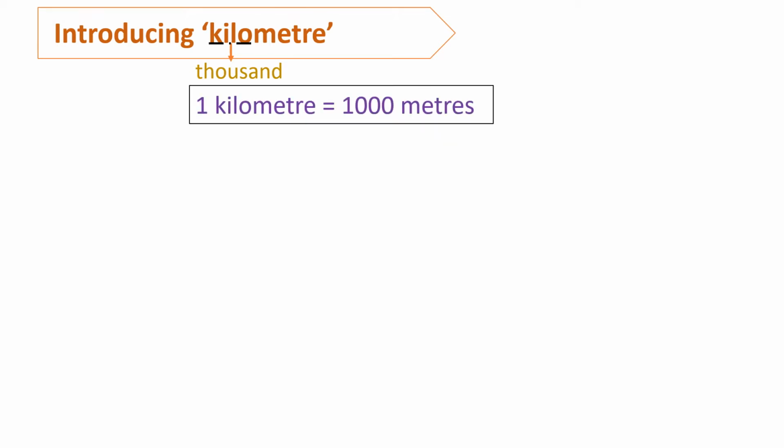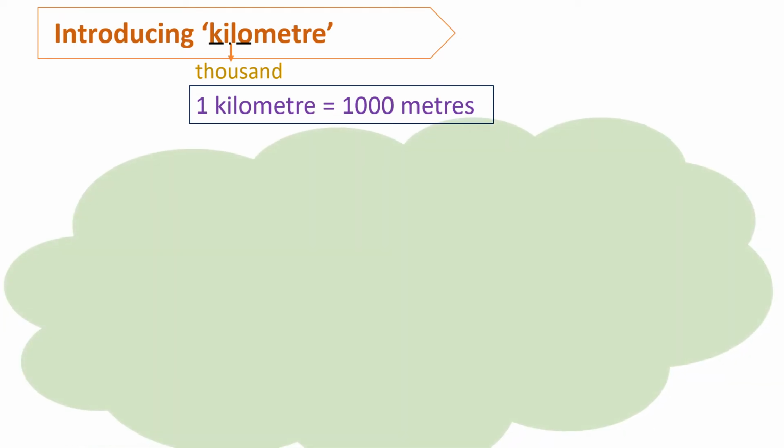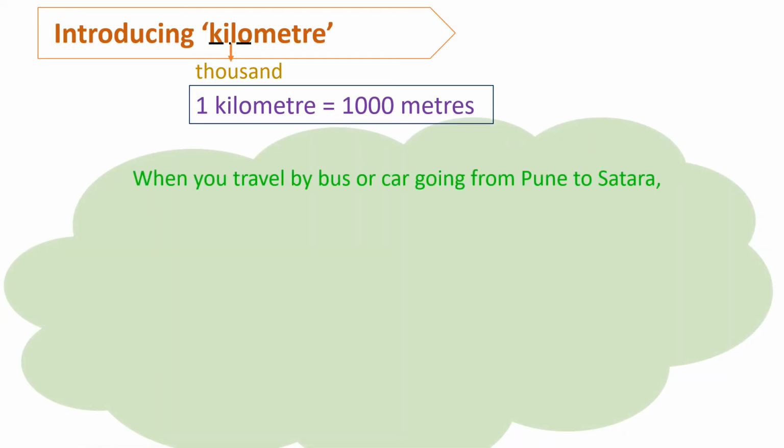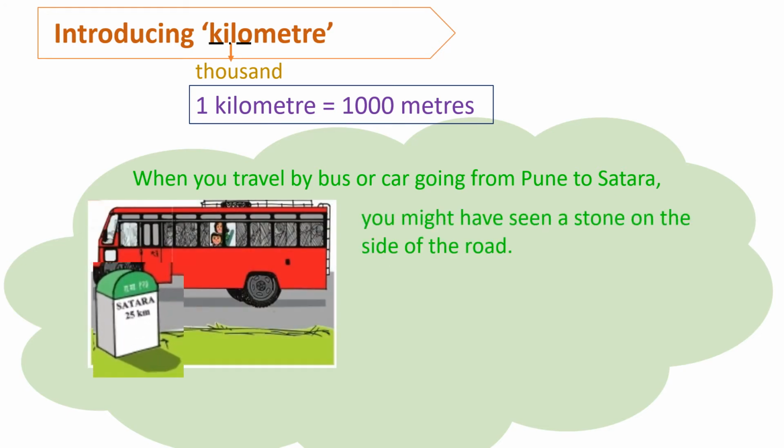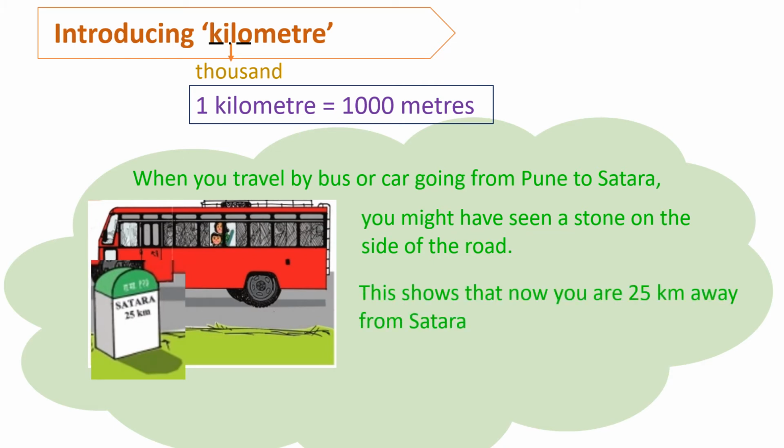Introducing kilometer. Kilo means 1000. 1 kilometer is equal to 1000 meters. When you travel by bus or car from Pune to Satara, you might have seen a stone on the side of the road.